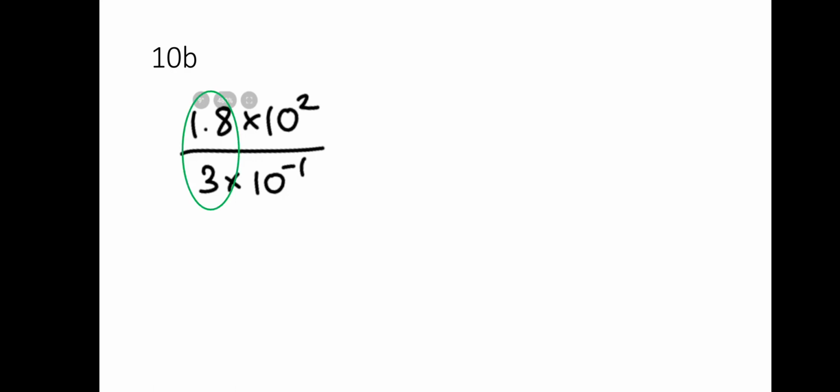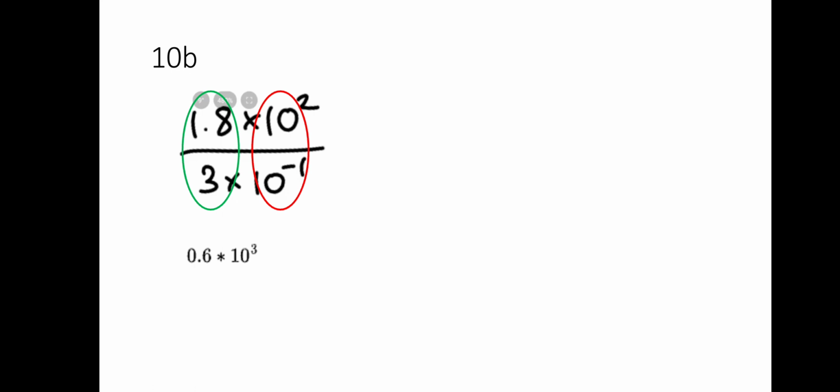We can do these divisions individually. 1.8 divided by 3 would be 0.6, and 10 to the power of 2 divided by 10 to the power of minus 1 would be 10 to the power of 3, because you're subtracting the indices. So 2 minus negative 1 would be 2 plus 1.